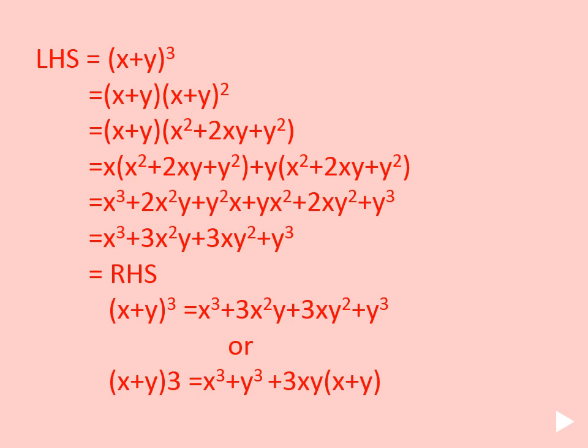Now listen, you can remember this formula in this way also, because writing it the second way is required for solving problems. So x cube and y cube we write first. So x plus y whole cube equal to x cube plus y cube plus 3xy into x plus y.